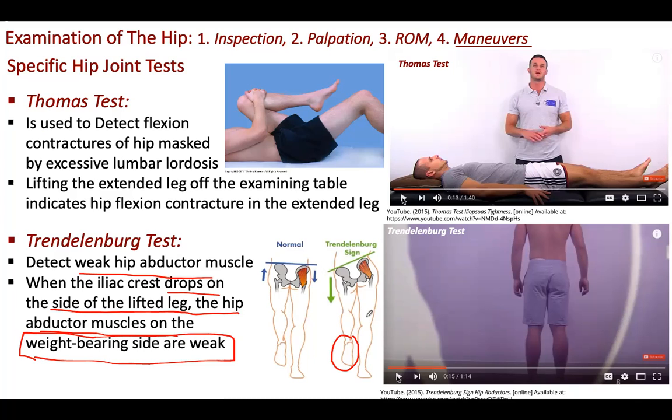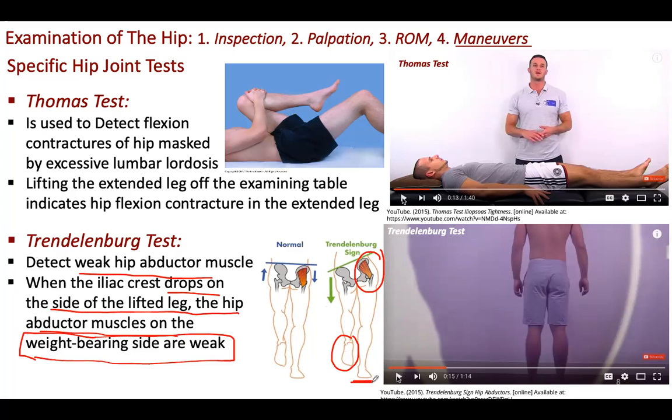So if during the swing phase the iliac crest on the side of the lifted foot drops too much, this means that the abductor muscles on the side of stance are weak. Always the abnormality is on the side of the foot that is touching the ground, that bears weight. So that's the Trendelenburg test.